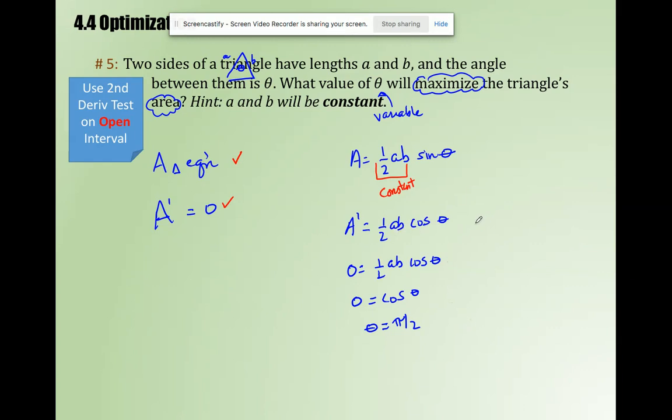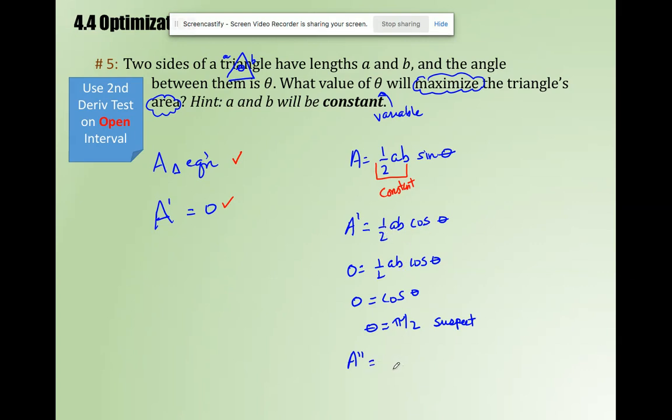What's the second derivative? I don't have any problems with differentiability. There's my suspect. I'm going to take my suspect to the second derivative.